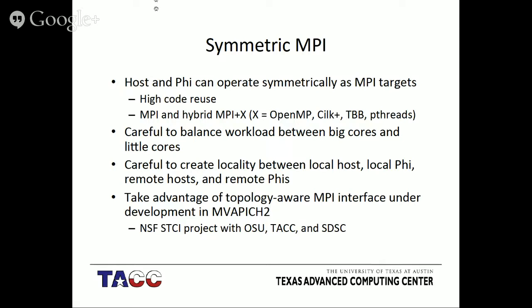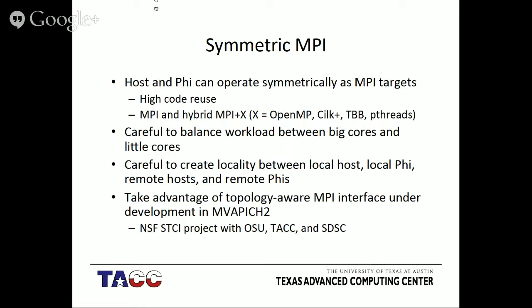So wherever your MPI tasks are, you can just have a simple MPI send, a simple MPI receive. And it doesn't matter from the design point of view in your code where these tasks are running, host or mic. So you don't have to change anything in your code to send messages from host to mic or mic to mic.